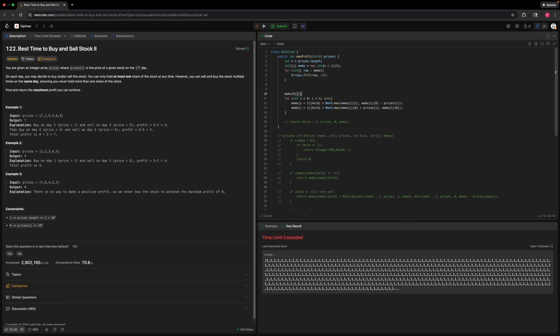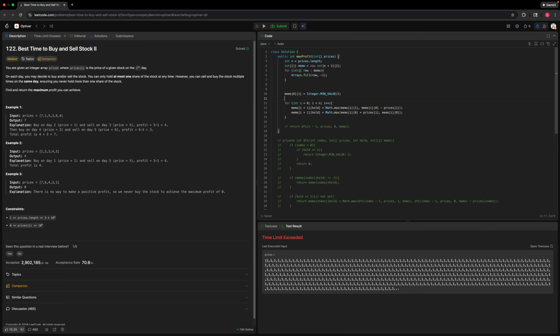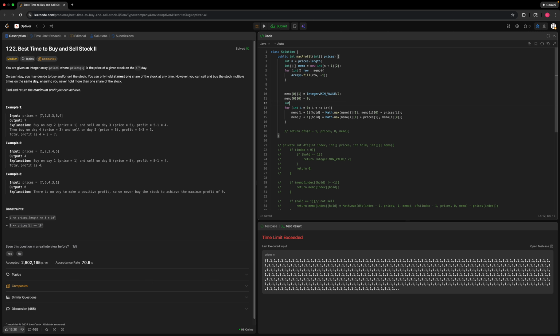For the 1 it is equal to integer minimum. n is equal to 0. Int hold is equal to 0 at the beginning.